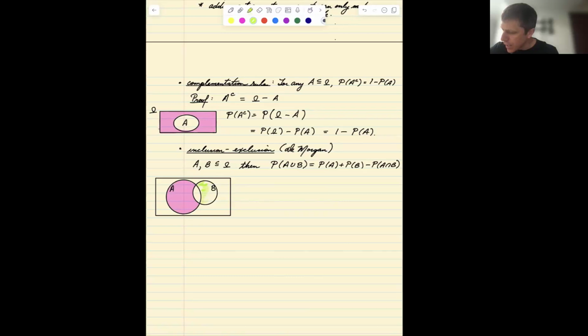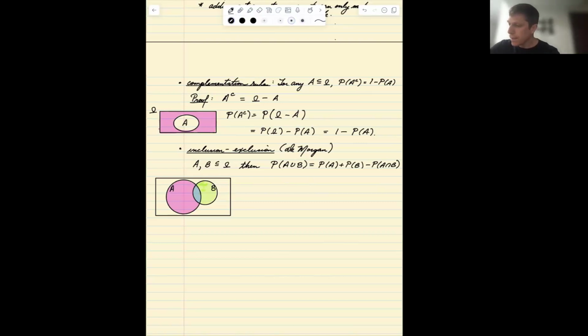If there's overlap and I take the probability of A plus the probability of B, what's going to happen? This part in blue that I'm coloring right now is going to get counted twice.